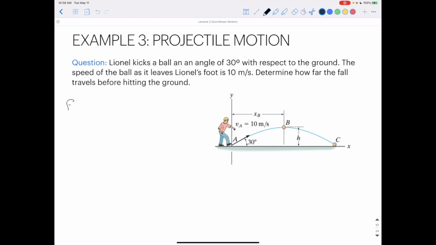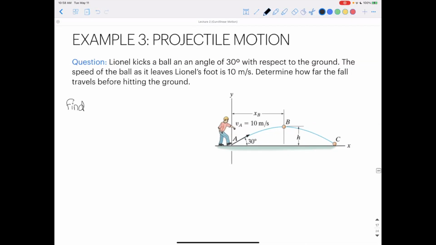So basically we're asked to find xc when the ball hits the ground. So how can we do this? What do we need to know in order to solve this?